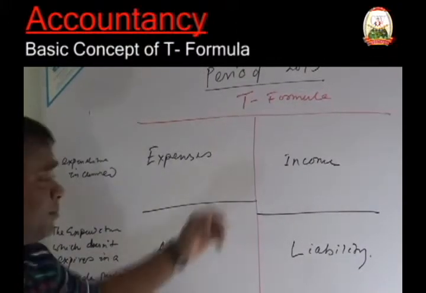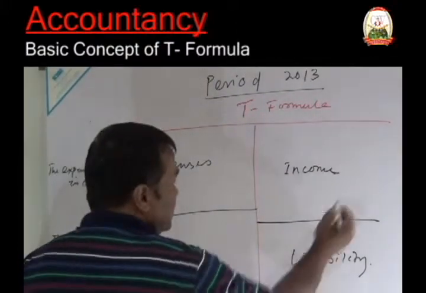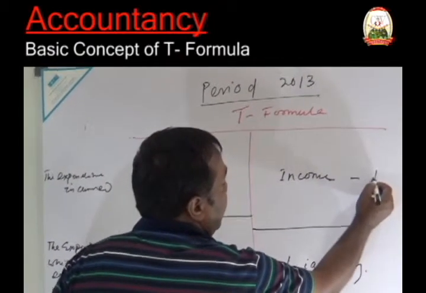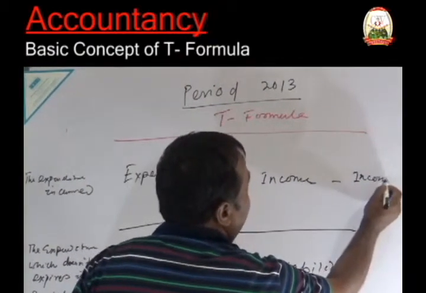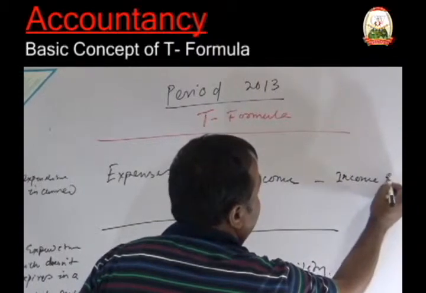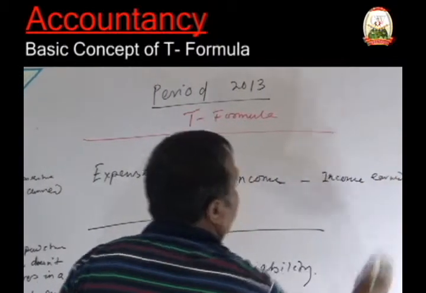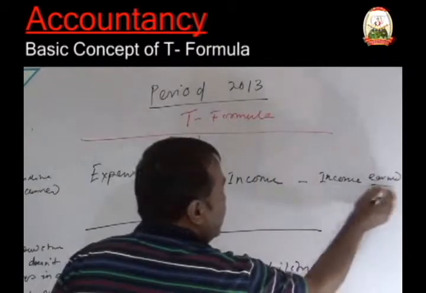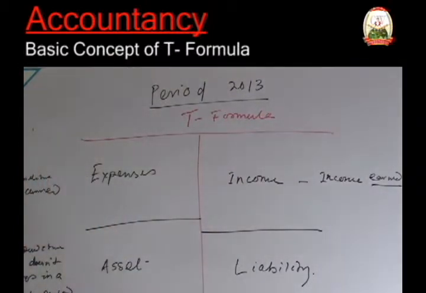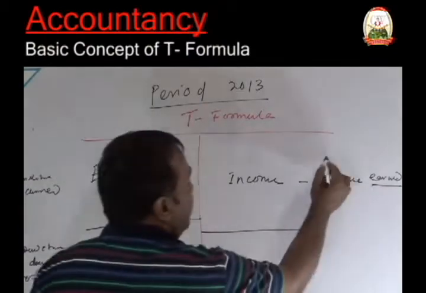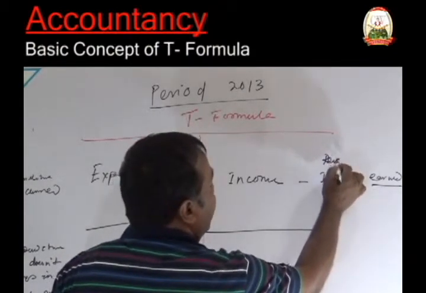Similarly, the income aspect: this is the income earned. This is also called revenue. In place of income, revenue.